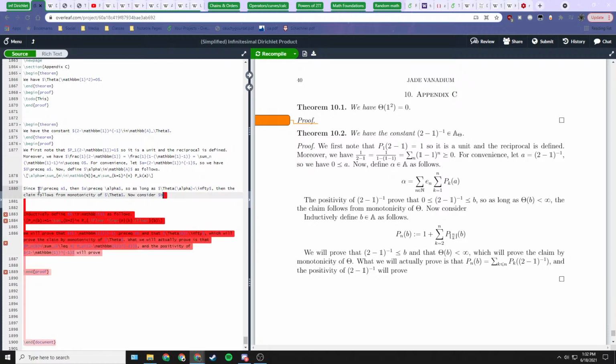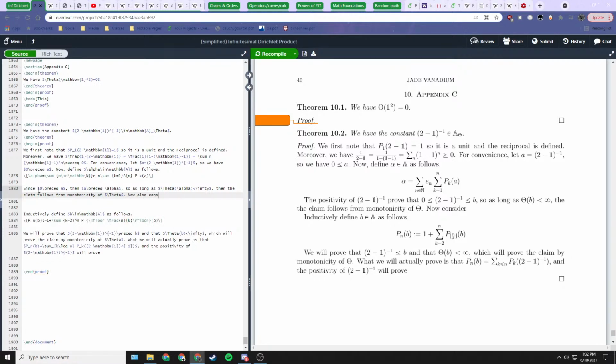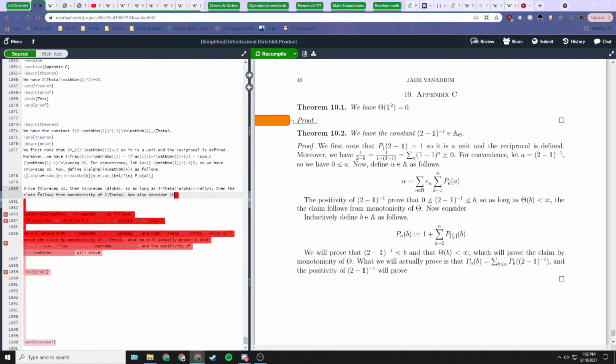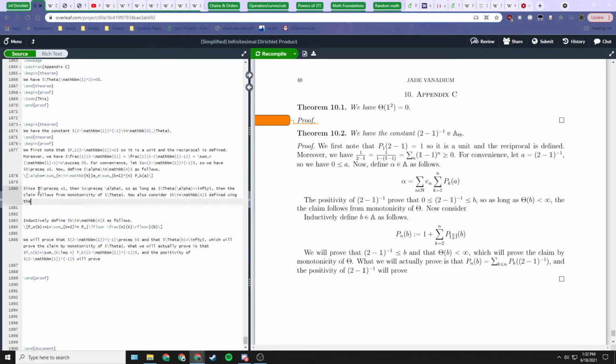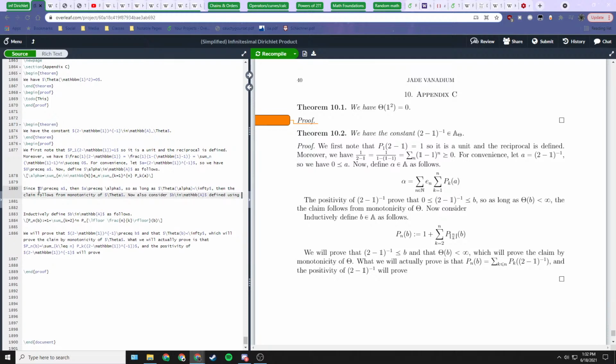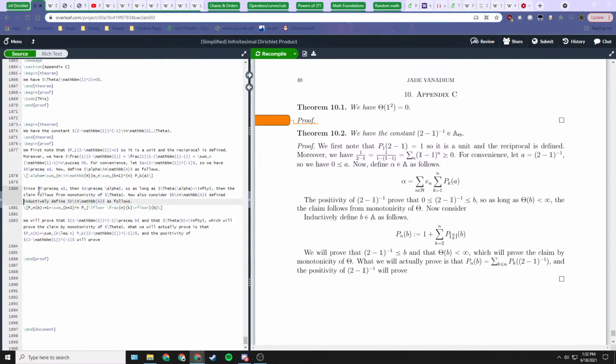Now consider, I'll also consider b and a defined using, okay, so we are going to define b this way.